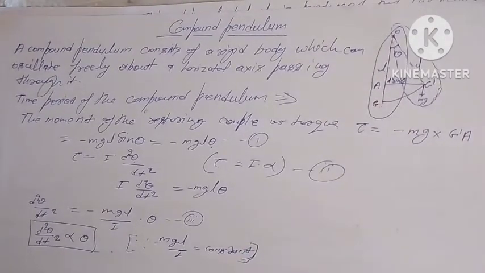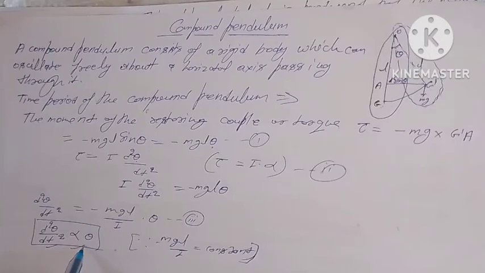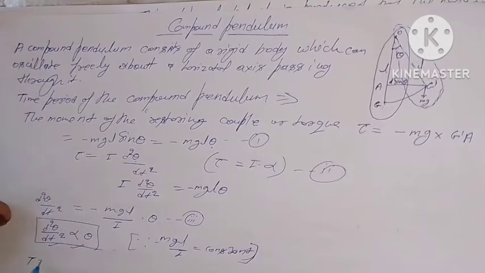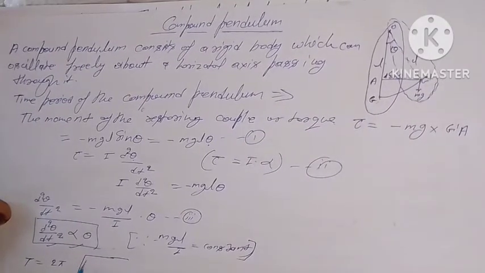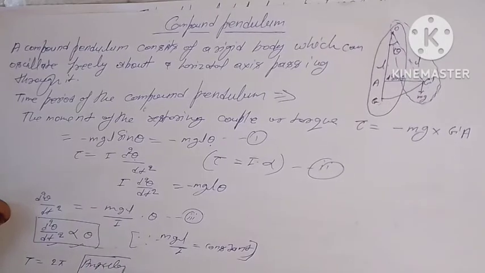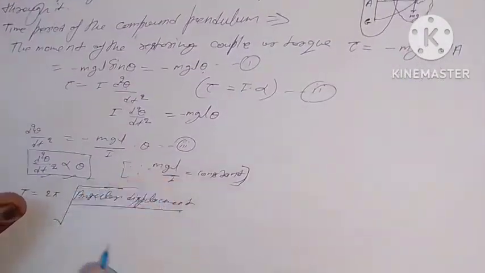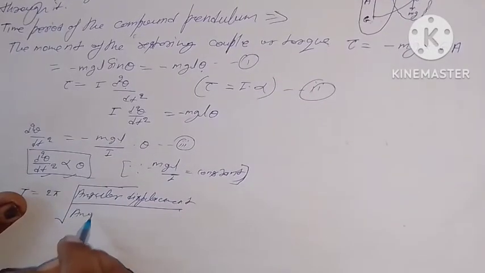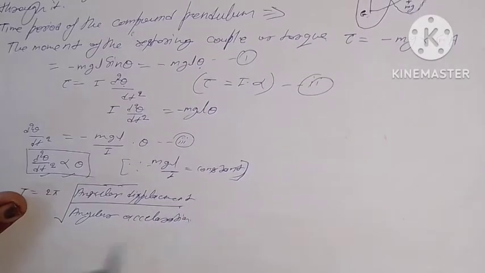As the angular acceleration is proportional to angular displacement, the motion of the compound pendulum is simple harmonic, and its time period T is given by T equals 2 pi under root of angular displacement upon angular acceleration.